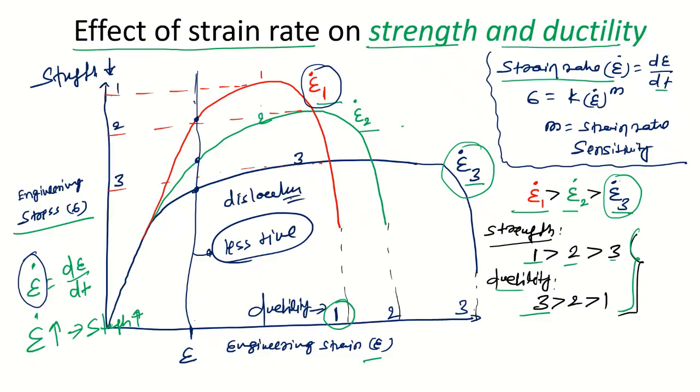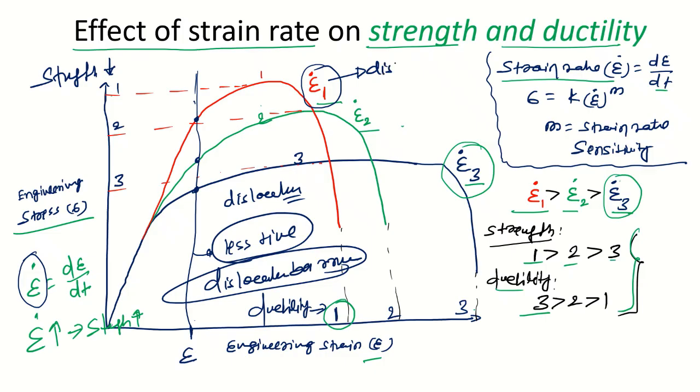These dislocations interact with each other because at a higher strain rate the time is very limited, and form a dislocation barrier. Less time doesn't allow the dislocations to move, so they interact with each other and form a dislocation barrier. That's why it has higher strength.